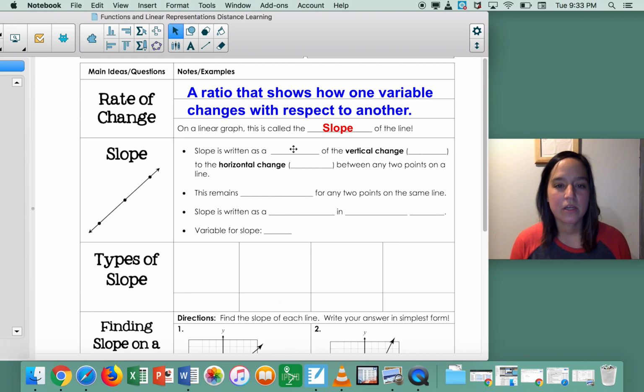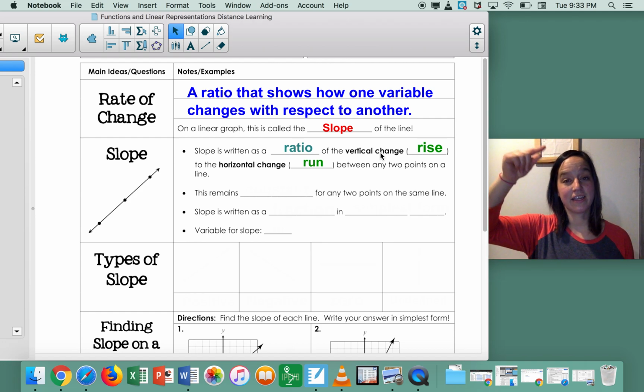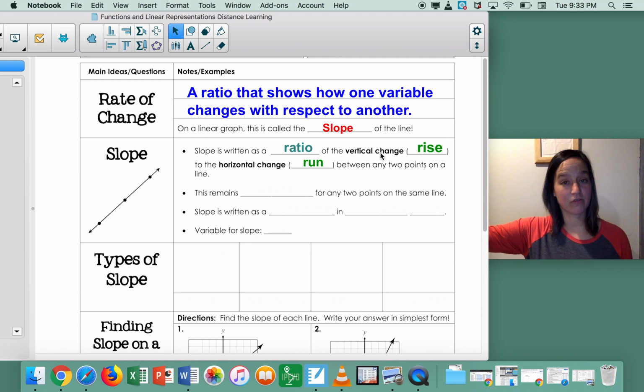Slope is written as a ratio of the vertical change to the horizontal change. The vertical change is the rise to the run. Remember, we count how high it goes and then how far over it goes, or how low it goes to how far over it goes.